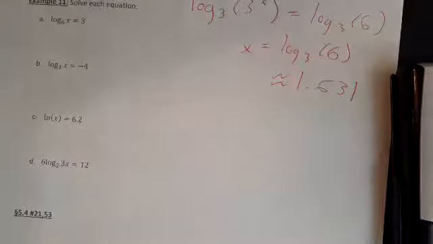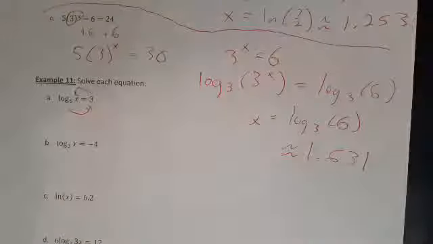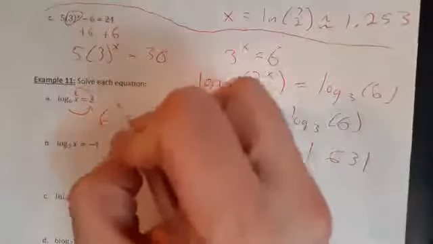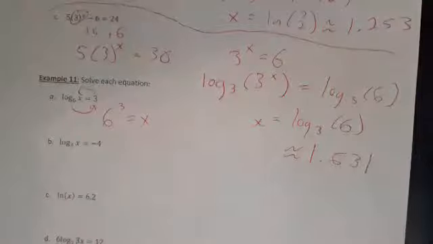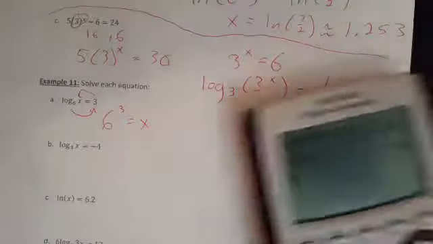Last few problems. I think the easiest thing to do with these is we already have the log solved for. Just do your pattern. 6 to the third is going to be my x. What is that? 6 squared is 36 times another 6 is what, 216? That's it.